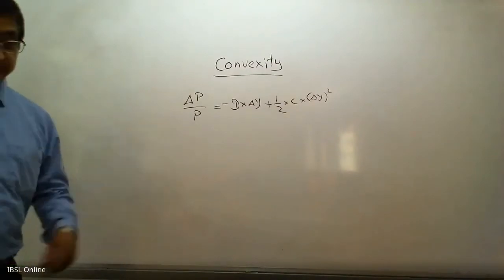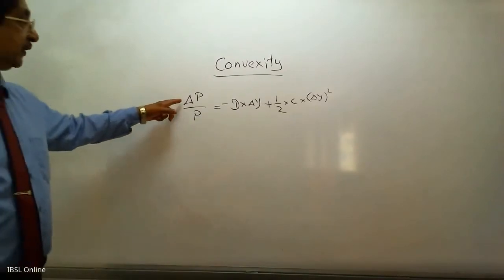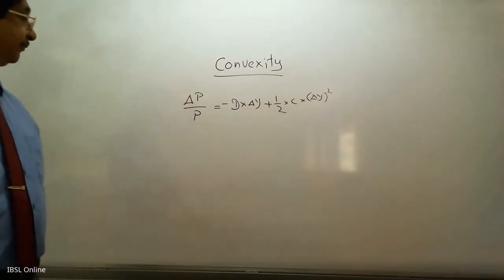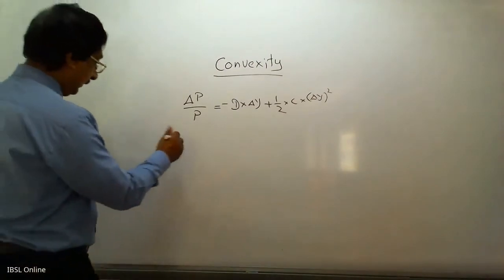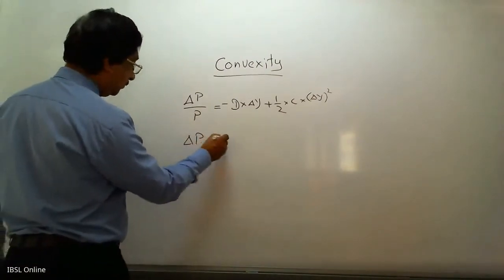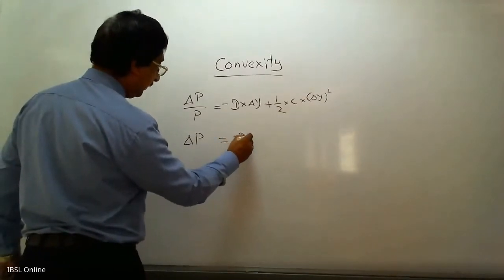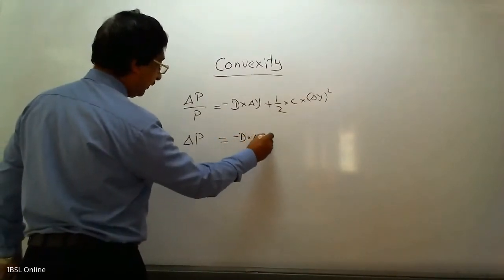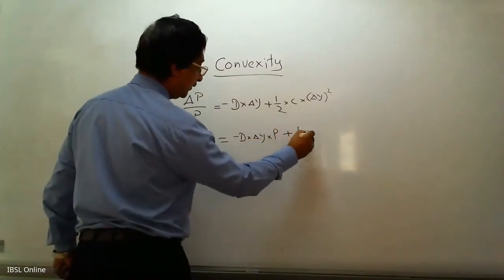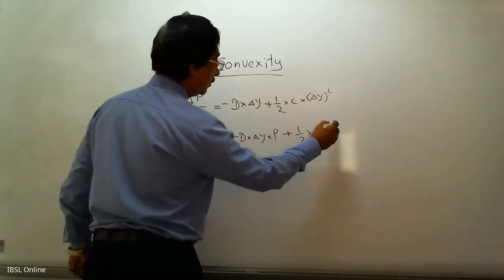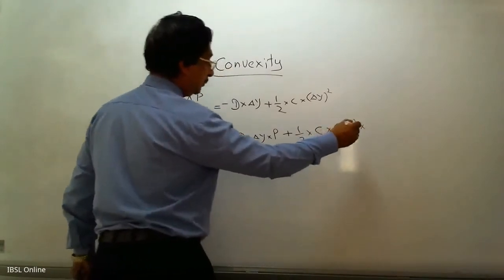Now I think this relationship is on the slide. I can make it this way. Delta P is equal to minus D into delta Y into P plus half into C into delta Y squared into P.